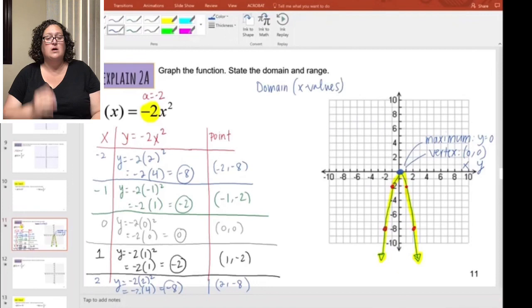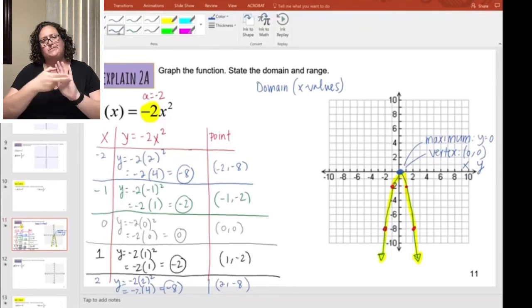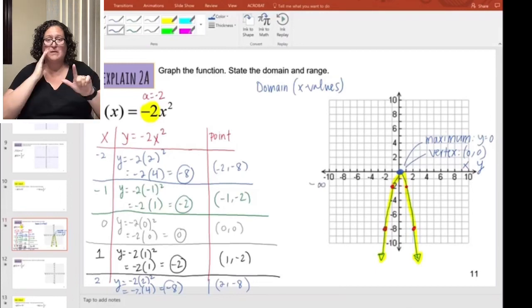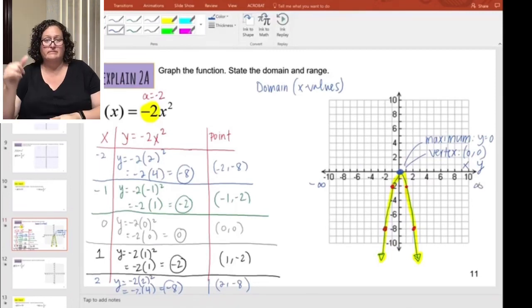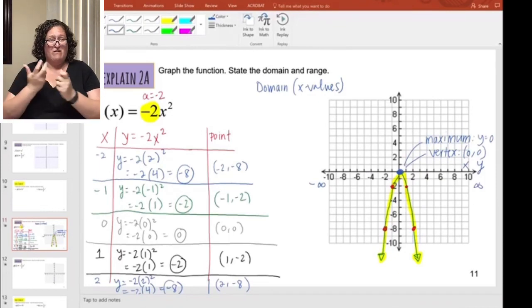Okay, so if we look at the graph, we have to determine where our x values begin. I like to label my x-axis. I know that everything on the left side is going to be negative infinity, and everything on the right side of my x-axis will be positive infinity. That's because all the numbers on the right side are positive numbers, and all the numbers on the left side are negative.